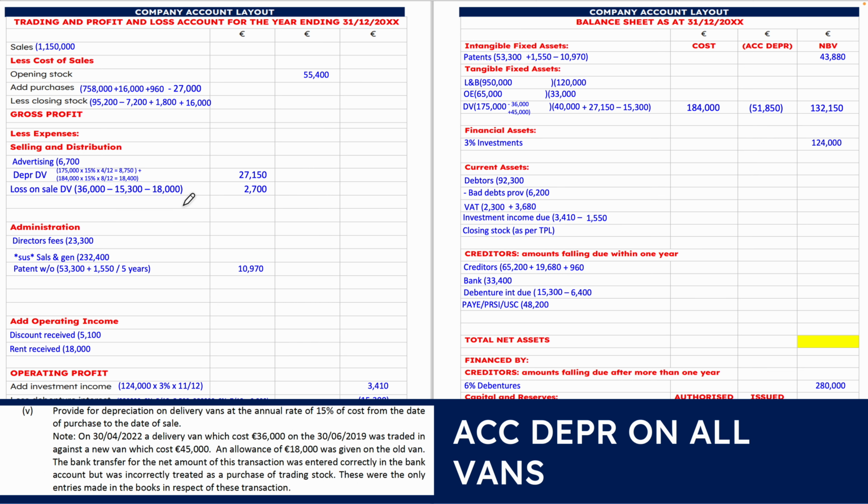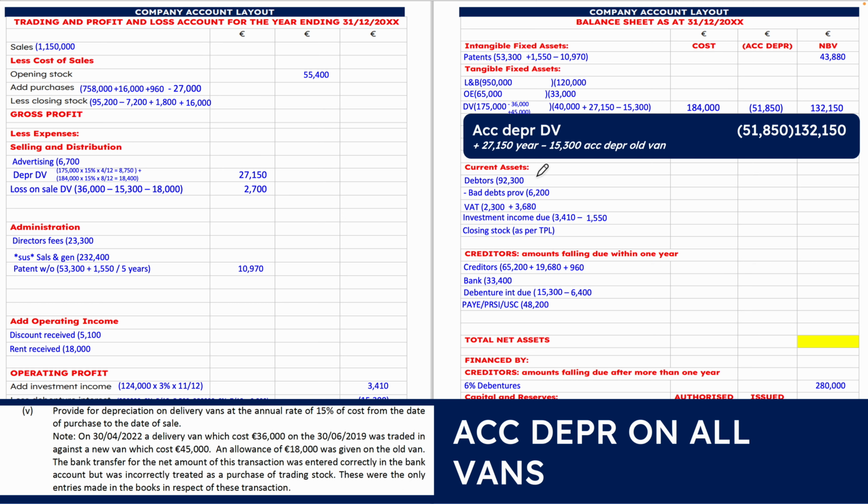Next, we're going to work out accumulated depreciation on all vans. At the end of the year, how much is the accumulated depreciation? We already had a figure of 40,000 accumulated depreciation, which came from the trial balance. Next, we add the 27,150 depreciation charge for the year. Then we take away the accumulated depreciation on the old van, because if we don't own that anymore, we don't need to record the depreciation on it.